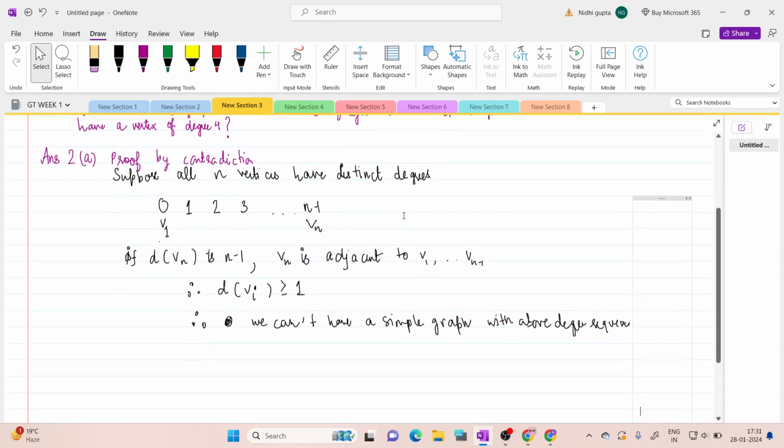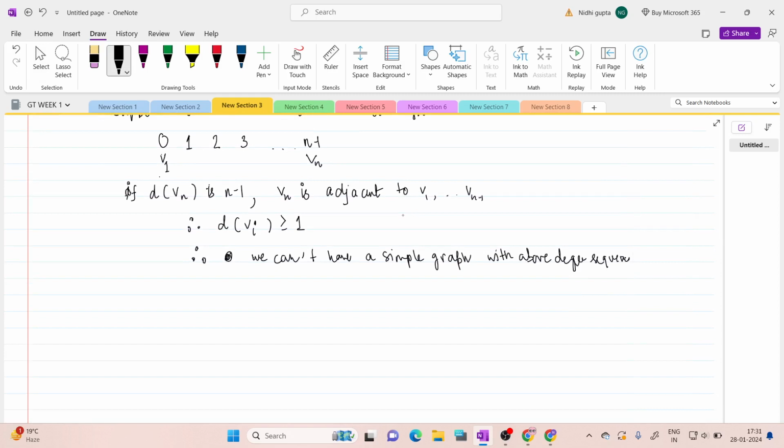So for B, the order of vertices is n, and the number of edges is n plus 1. Then we have to show there exists one vertex of degree at least 3.